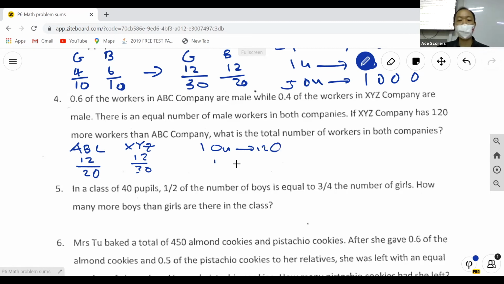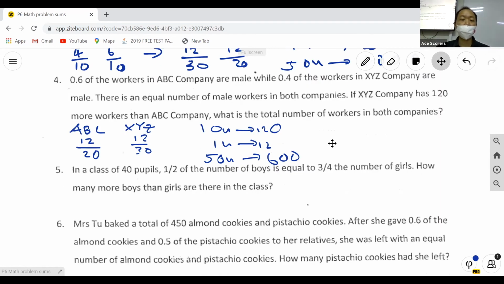And 1U is 12. Okay, 1 unit is 12. Now, if 1 unit is 12, what's the total number of workers in both? So there are 50 units. All right, so 50 units, just times 50, you get 600. Is that okay? There are a total of 600 workers.